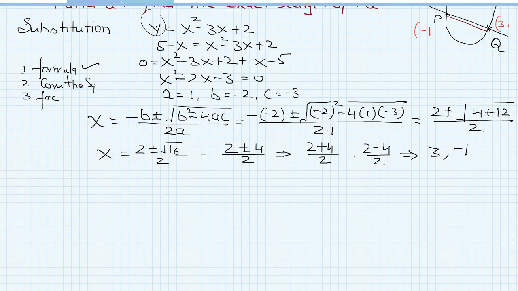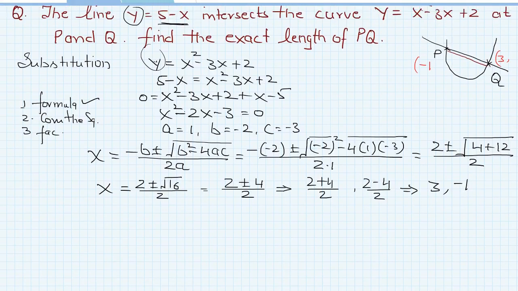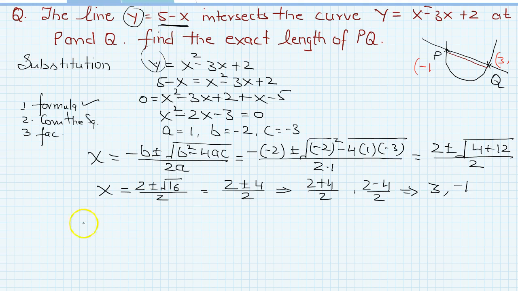So to get the y coordinate, let's put the value of y. We know that y is equal to 5 minus x. So if x is equal to 3, y will be 5 minus 3. So this is 2. So this coordinate is 2.